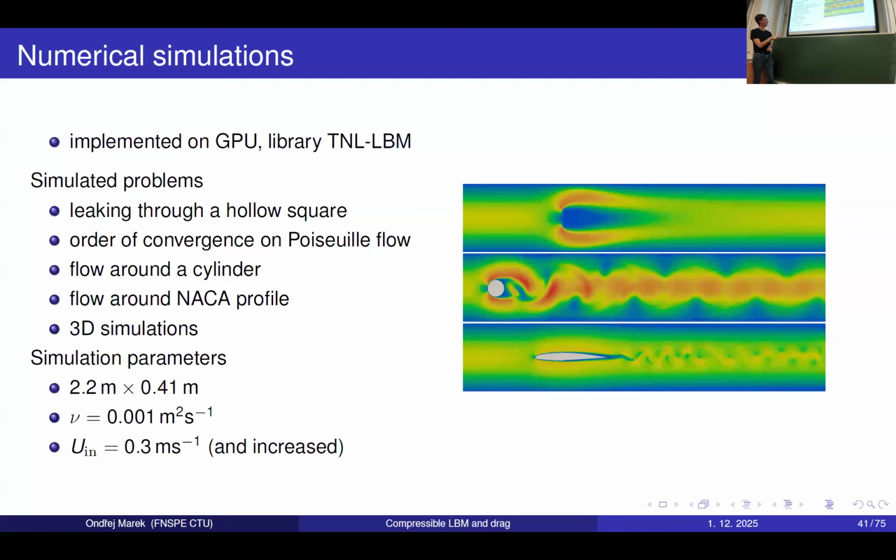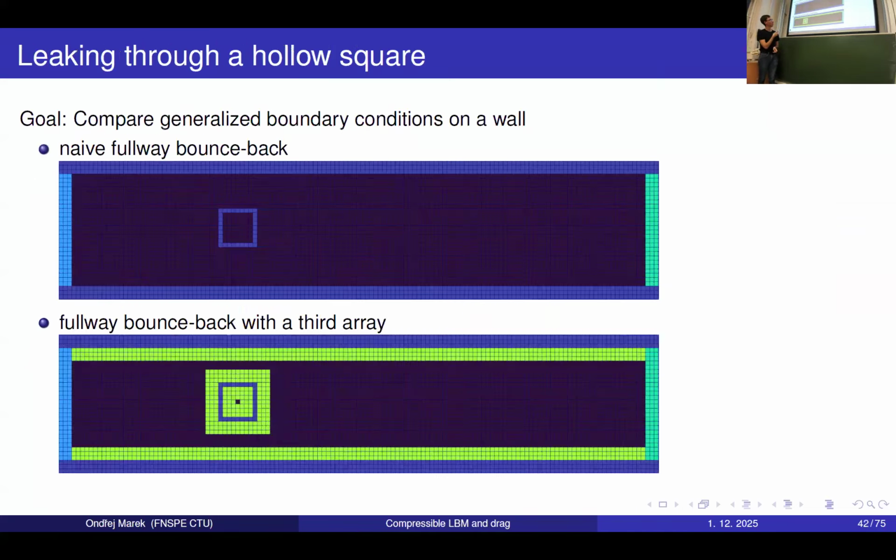The viscosity is 10 to the power minus 3, and the velocity is 0.3 meters per second, the maximum at the inflow, and it's increasing. So firstly, a numerical study of my boundary condition on the wall.